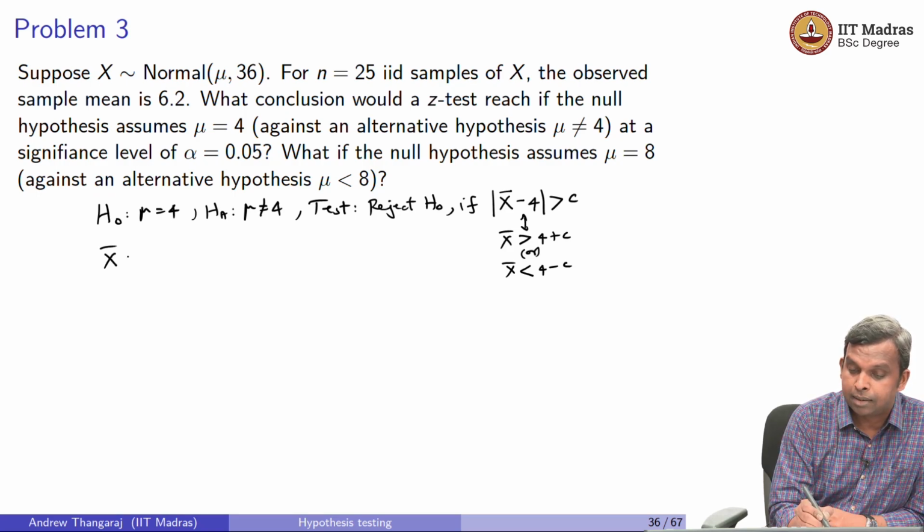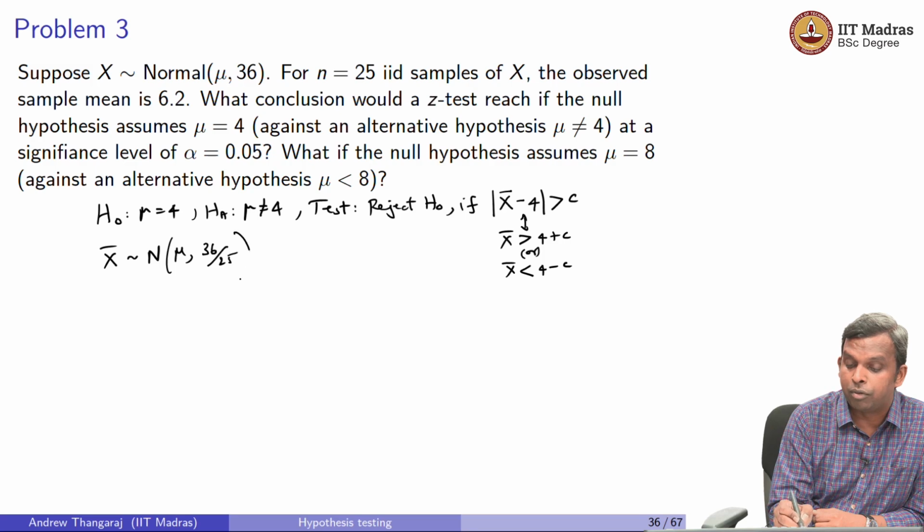Now what is x bar? X bar is normal with mean mu and variance 36 by 25. Notice once again that 25 comes in, that is your number of samples. So alpha is the probability that you reject the null. What is the probability that you will reject the null? The absolute value of x bar minus 4 is greater than C given mu equals 4.